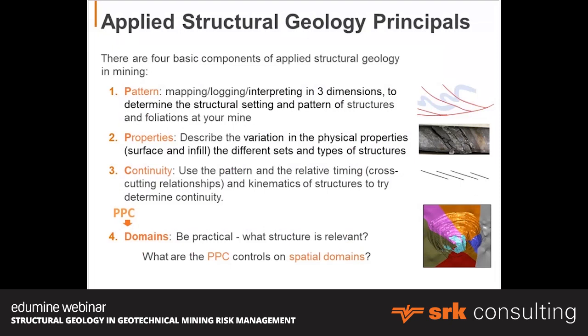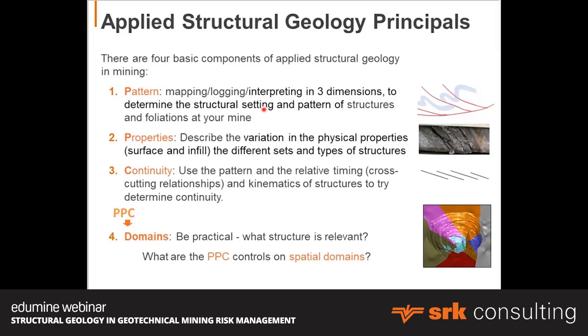Again, I want to really emphasize these first 3 components of structural geology: the pattern, the properties, and the continuity. The pattern is mapping and interpreting in 3 dimensions the orientation of the structures as they would be formed within a specific structural setting. There may be foliations that you mine. There's whatever structural aspect is important.